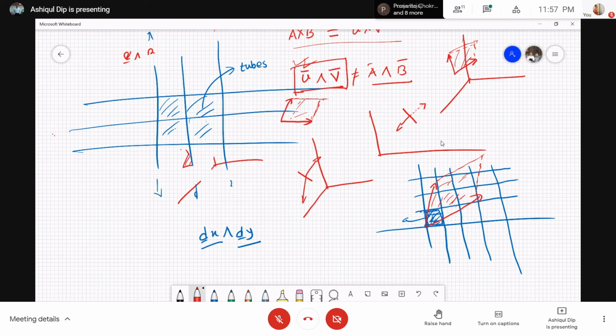So basically, MTW explains that. It talks about tubes, in page number 100, chapter 4. The diagrams are way better than I can draw.